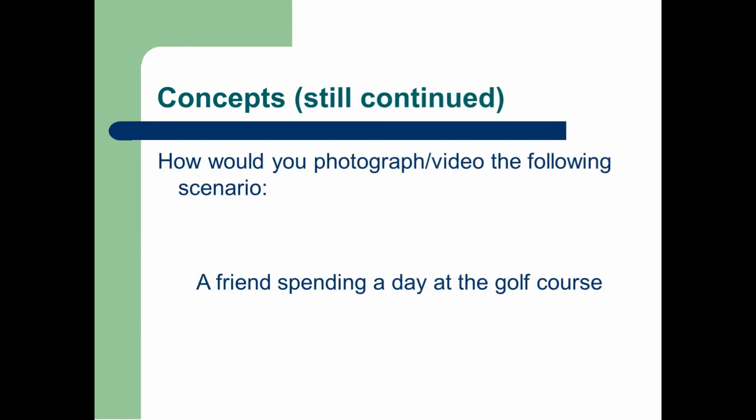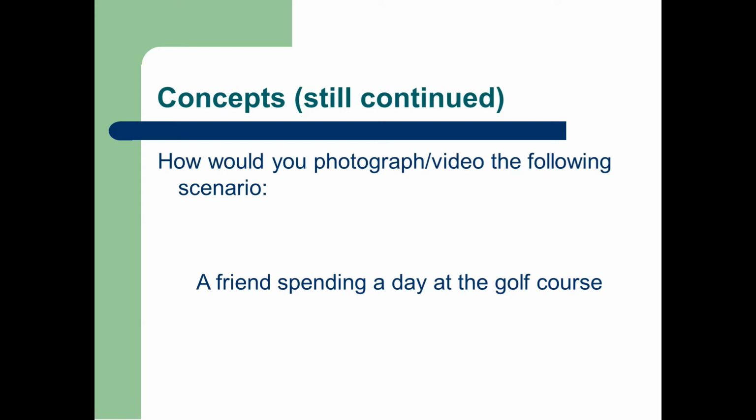So let's take a look at an example. If you want to photograph a friend spending a day at the golf course, how would you do that? Well, you might take the first shot of him, or her, coming up to the clubhouse, walking through the front door, then going to the starter and checking in, and then walking out to the golf course. You might show him setting the ball up for the first shot.